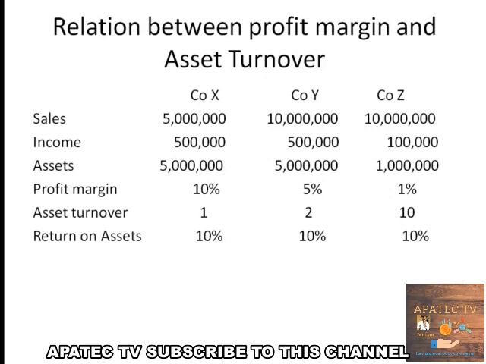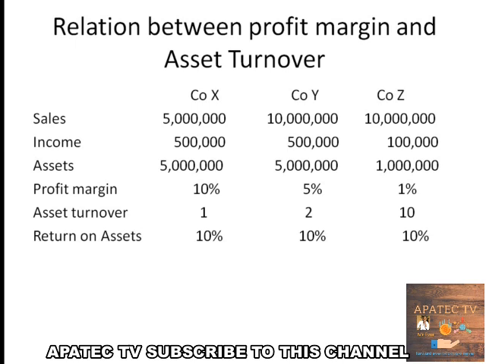There is a relationship between profit margin and asset turnover. As you see in this example, we have company X, company Y, company Z. Company X had sales of 5 million and income of 500, and also assets of 5 million. So how do we get the profit margin?